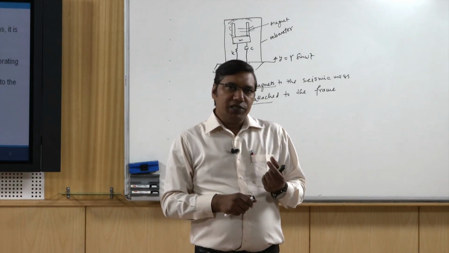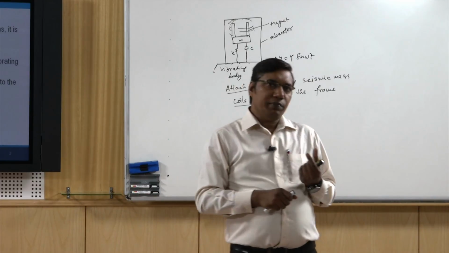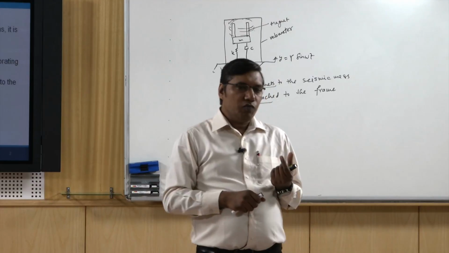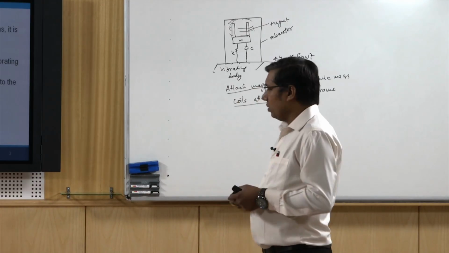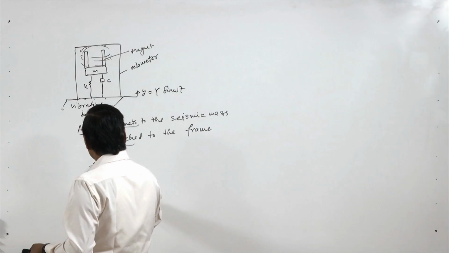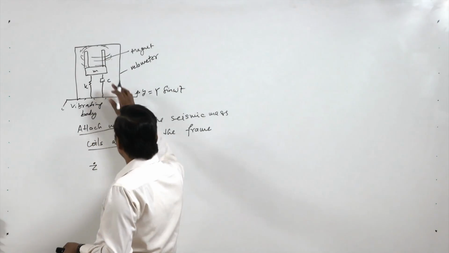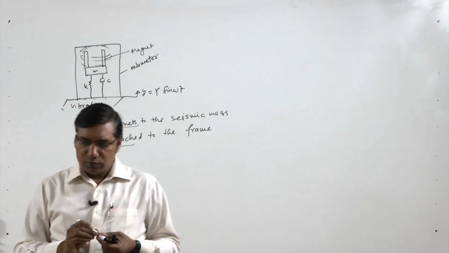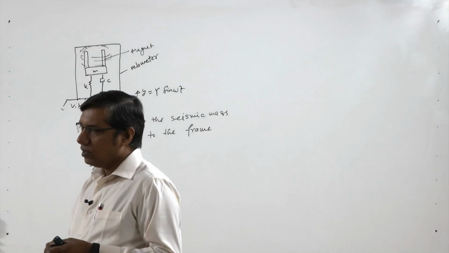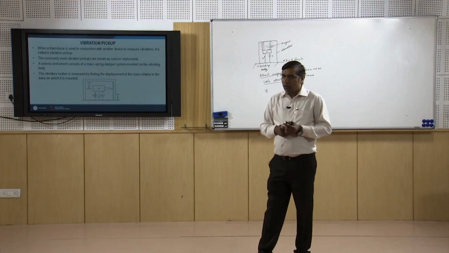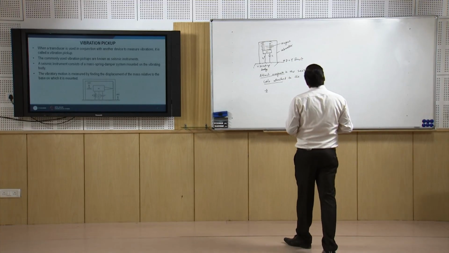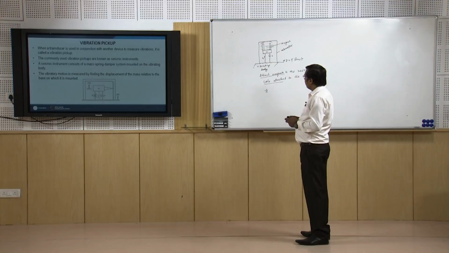Because here we are measuring the change in the magnetic field, this will measure the relative velocity z dot, the relative velocity between the excitation and the seismic mass. And thus we can measure the velocity.